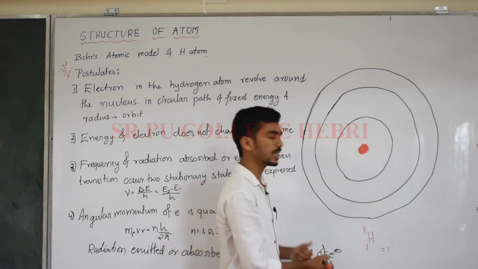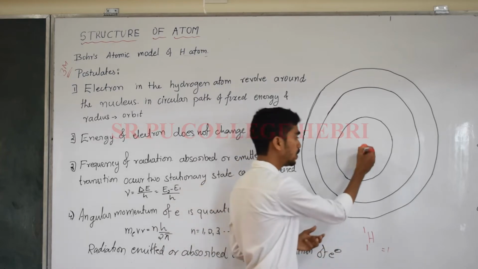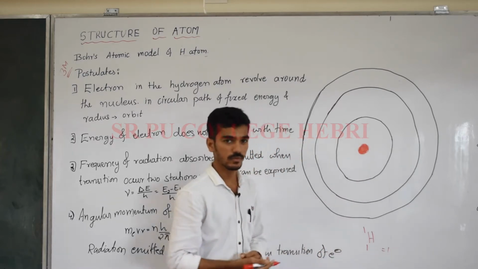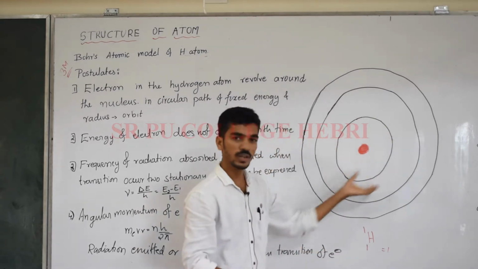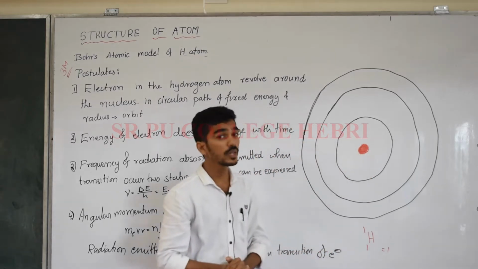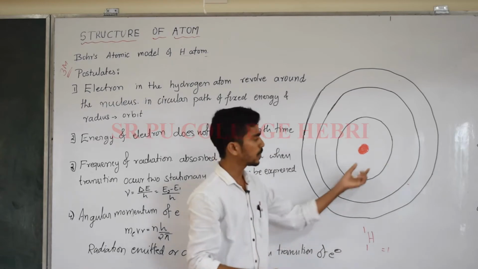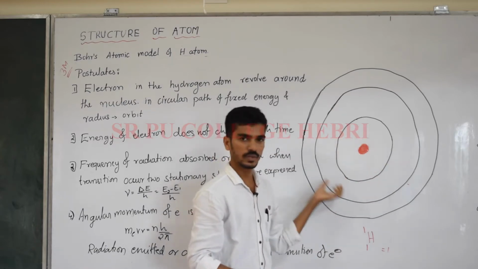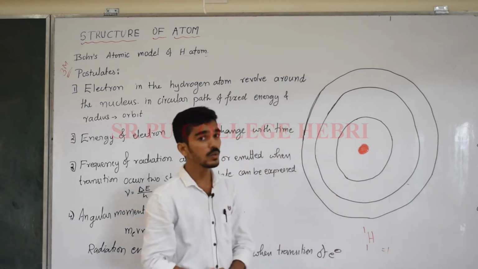Any atom consists of 3 fundamental particles: proton, neutron and electron. Protons and neutrons are located at the center, and the electron is present in a circular path around the nucleus. These circular rings are the path of the particular electron movement.